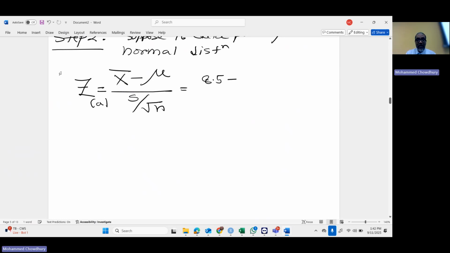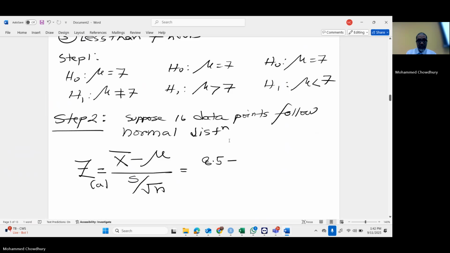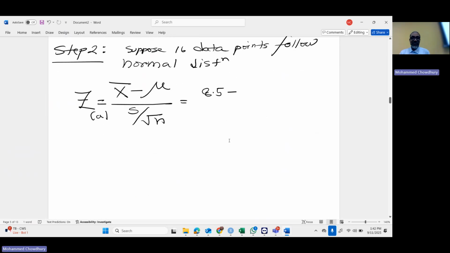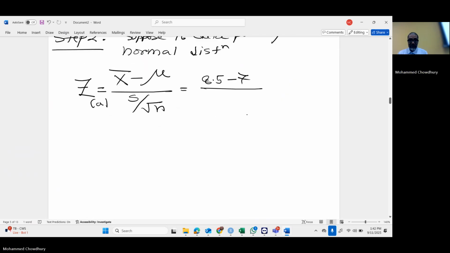And mu equal to 7. And then S equal to 1.93. And then square root of n equals square root of 16, which is equal to 4. Clear?